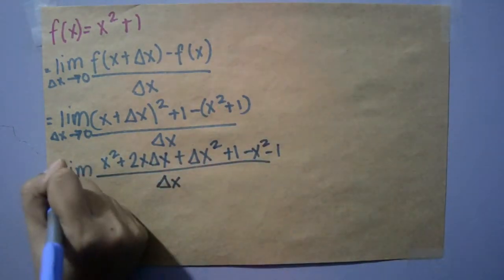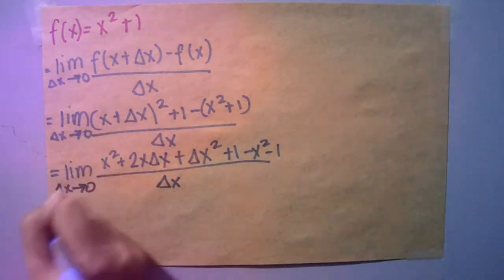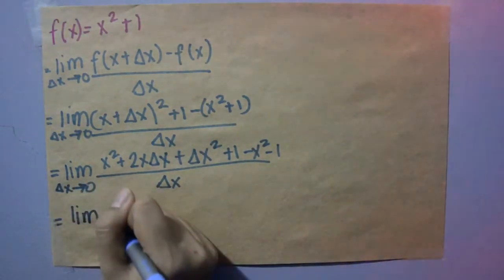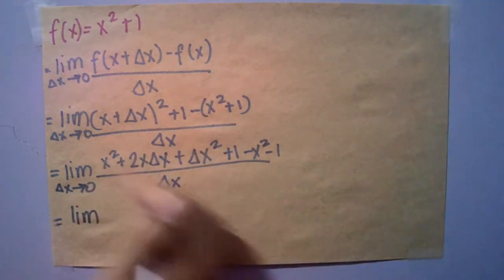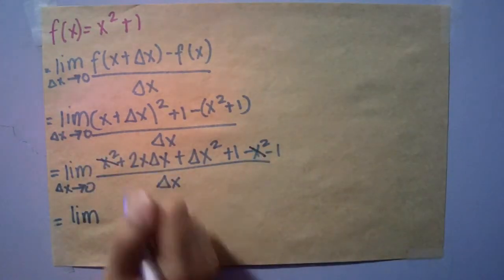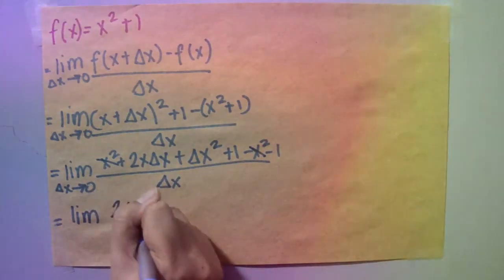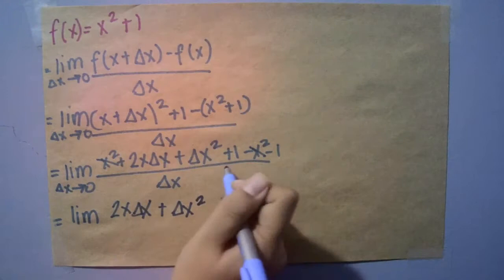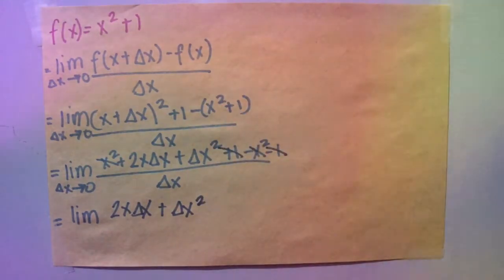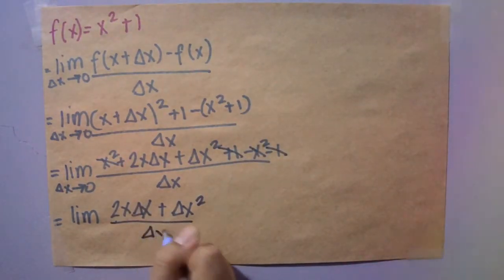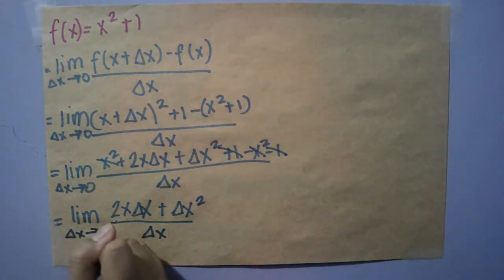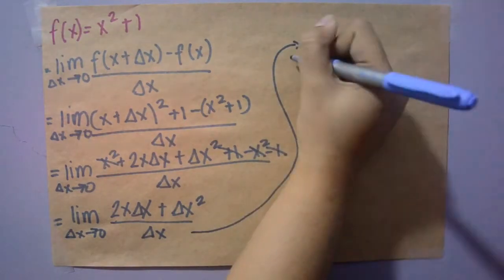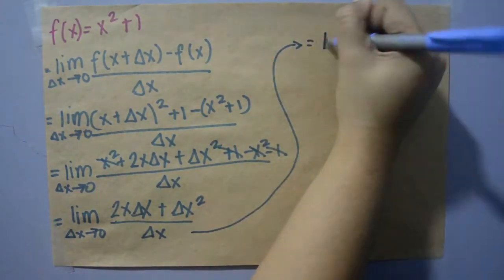We can now cancel same variables with different signs. So, we have now limit of 2x delta x plus delta x squared all over delta x as delta x approaches 0. We can factor the numerator since they have the same delta x.